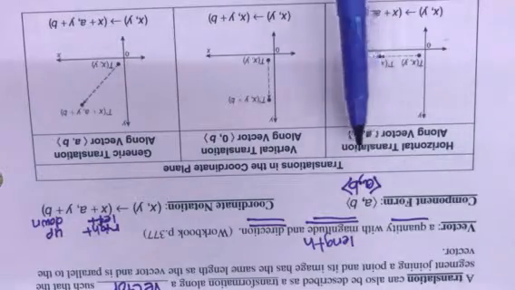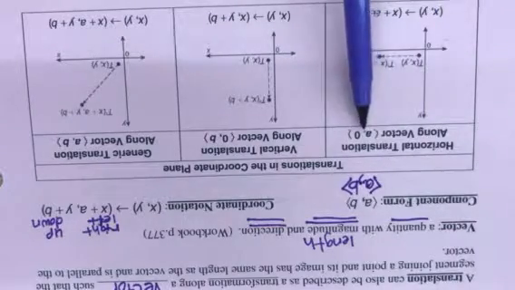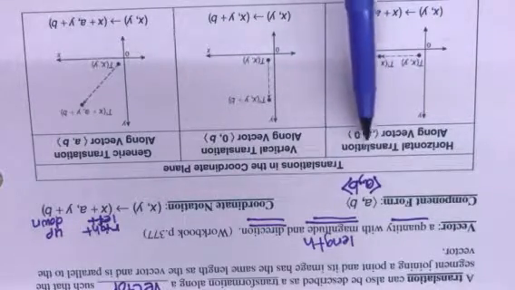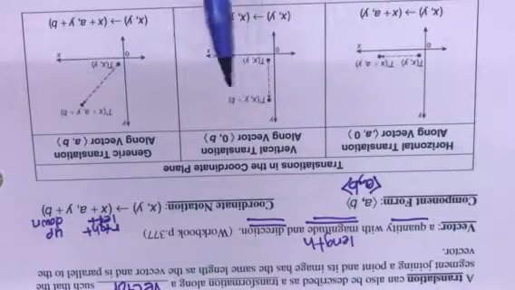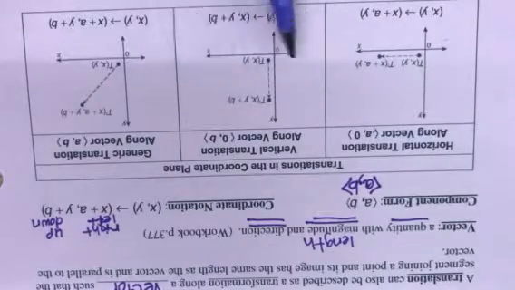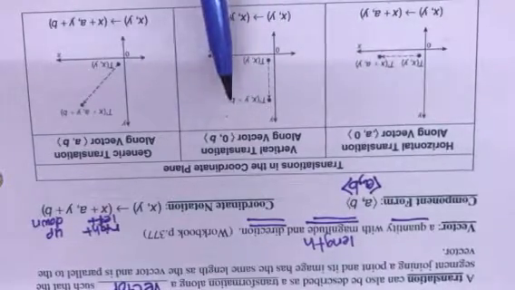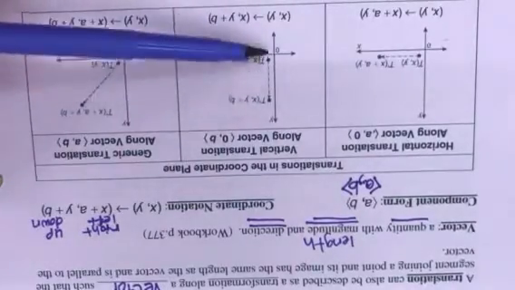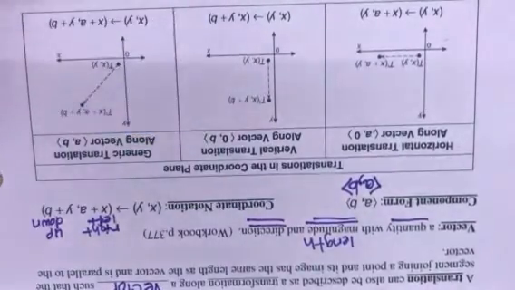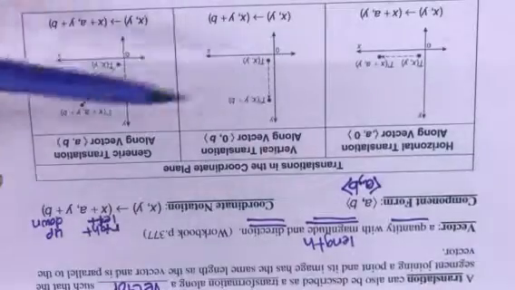So the horizontal translation along a vector would be whatever x change you make, and 0 for the y, because you don't go up and down. In vertical, you don't go left and right, you just go up and down. So it'd be 0, and whatever amount that you move up or down is your b, or your y direction.